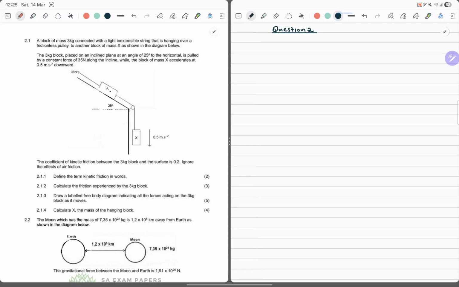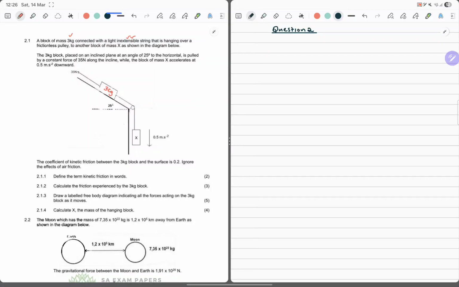Question 2 reads, a block of mass 3 kilograms, okay, so this is the one, connected with a light inextensible string that is hanging over a frictionless pulley. Now, what is the functionality of this inextensible string?